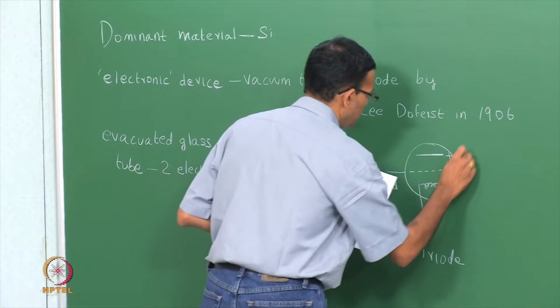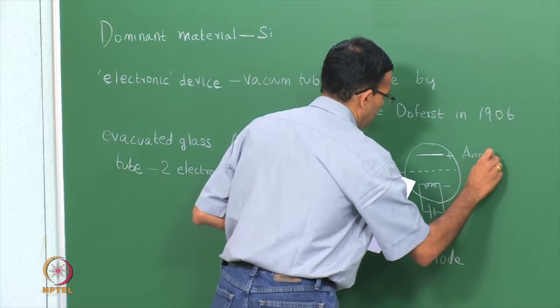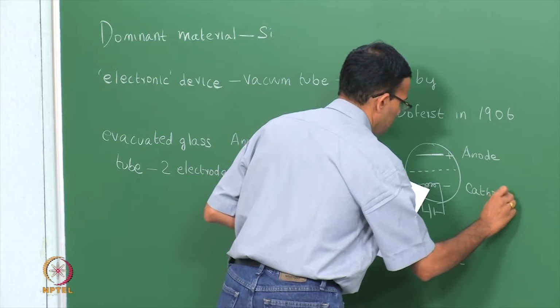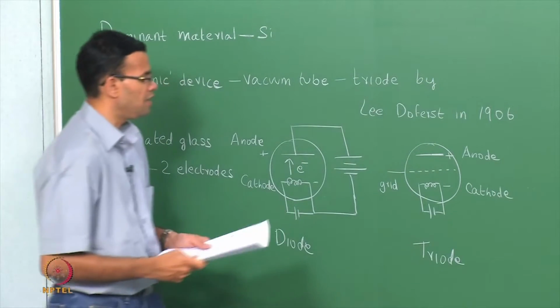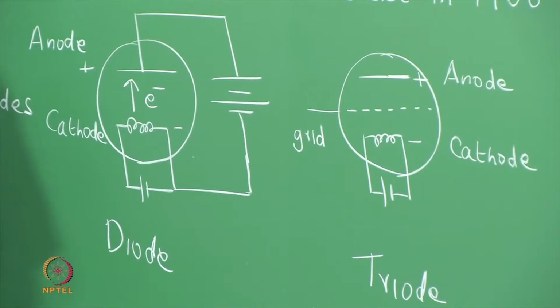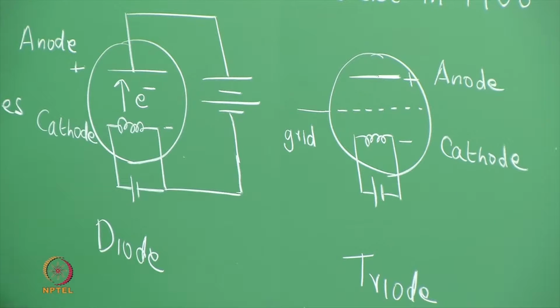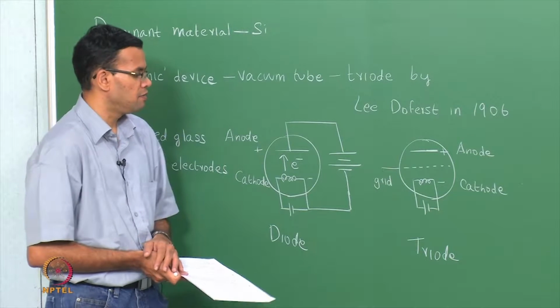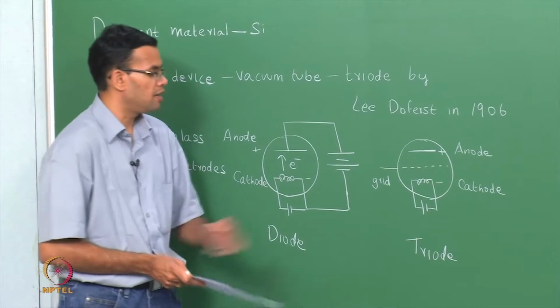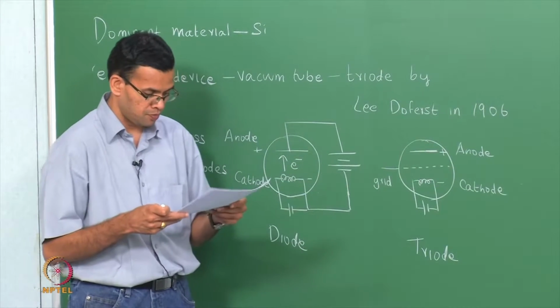So, grid, anode and cathode. In this particular configuration, the current between the anode and cathode can be modified by application of a potential to the grid. The grid can be either positive or negative with respect to the cathode, and that would modify the current within this triode system.